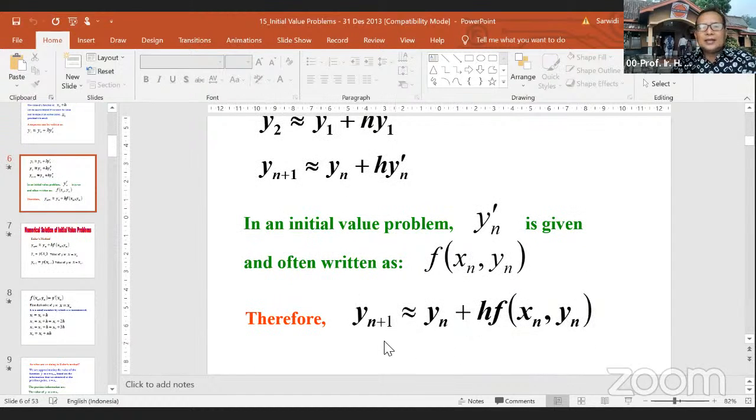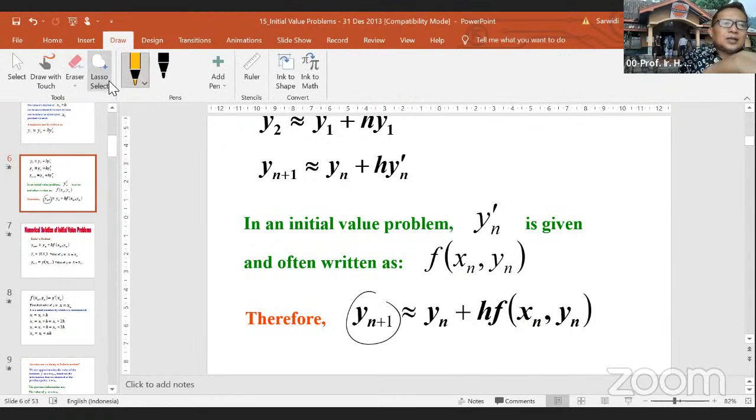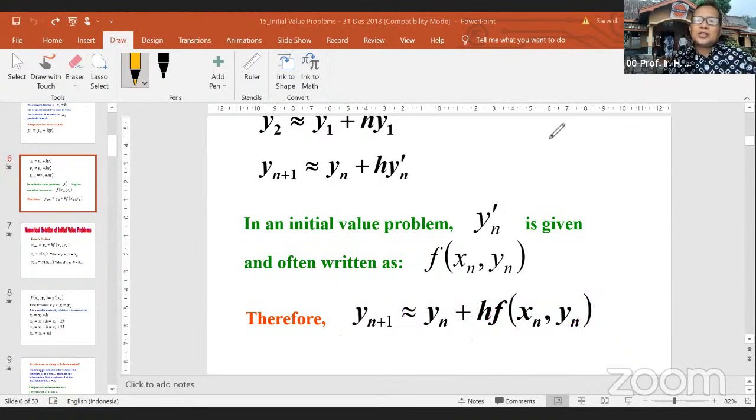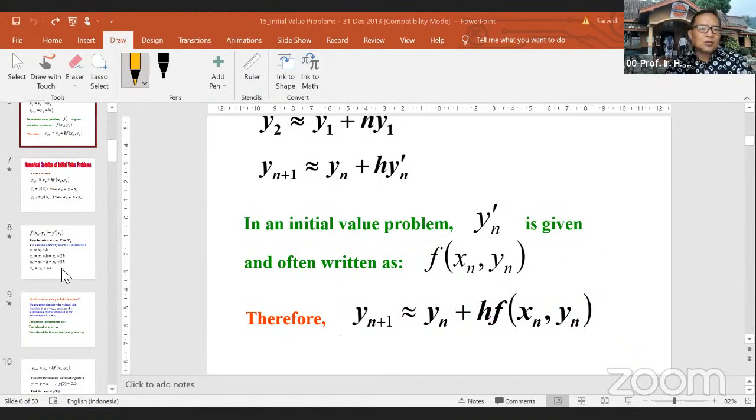Therefore, the next step is n plus 1, where yn is known, and then plus h, which is delta x. This is just an approximation, and there's error, of course.